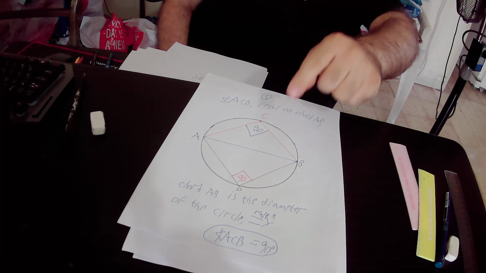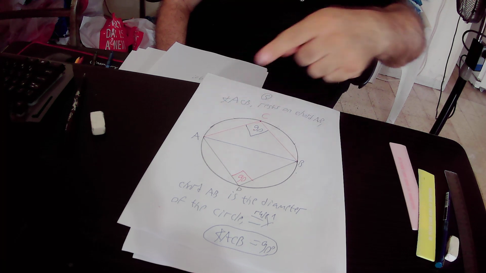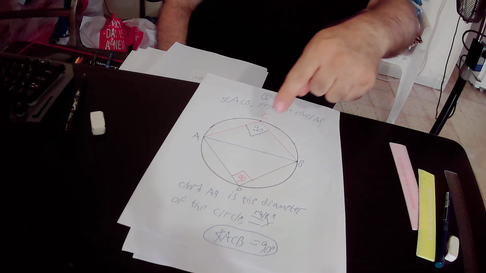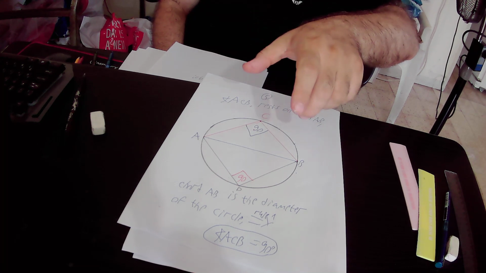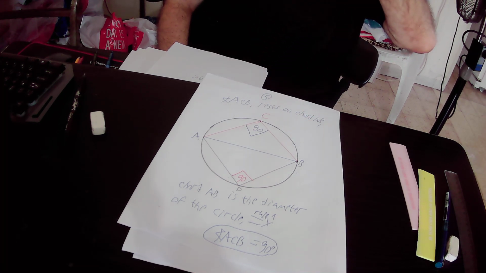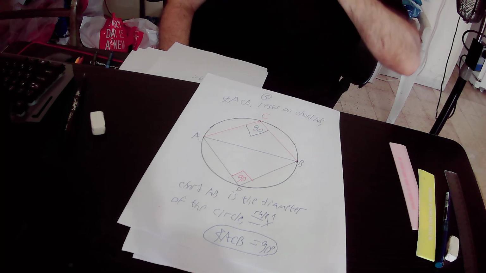The same thing is true for peripheral angle BDA. Peripheral angle BDA rests on AB, that is the diameter of this circle. For that reason, peripheral angle BDA equals 90 degrees.